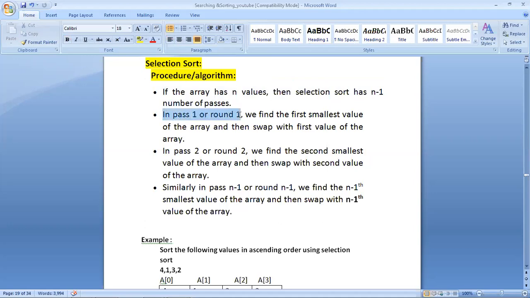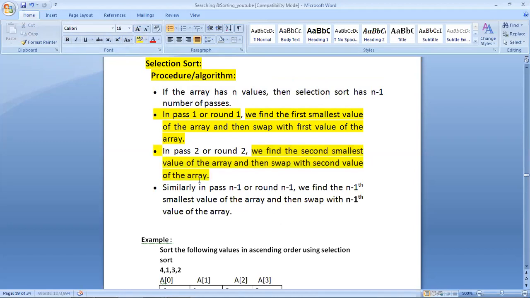In pass 1 or round 1, we find the first smallest value of the array and then swap that value with the first value of the array. In pass 2 or round 2, we find the second smallest value of the array and then swap that value with the second value of the array.